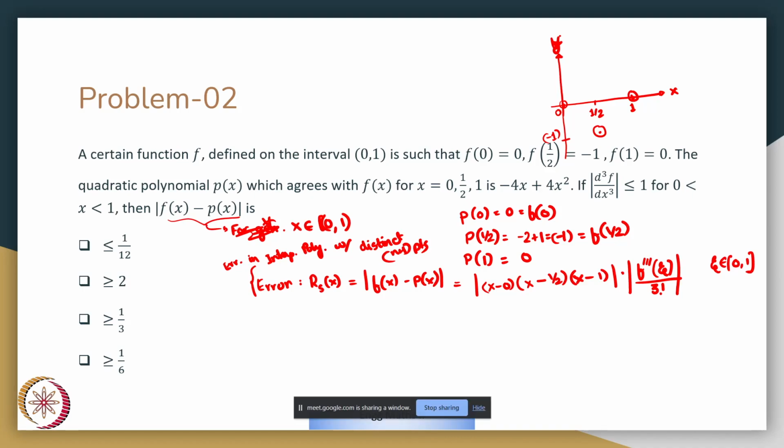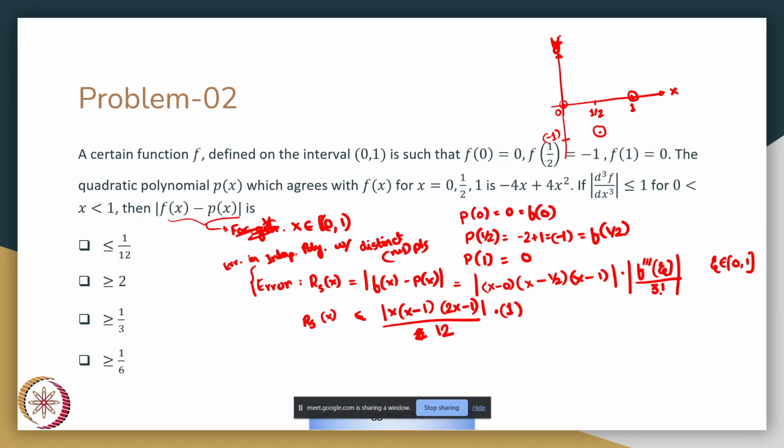So in our case, the error would look like, Rs of x has to be less or equal to modulo of x, x minus 1 by 2, x minus 1, modulo of this by 2, and this 3 factorial will come, so 2 into 3 factorial, which is 2 into 6, so we end up with 12 times 1.